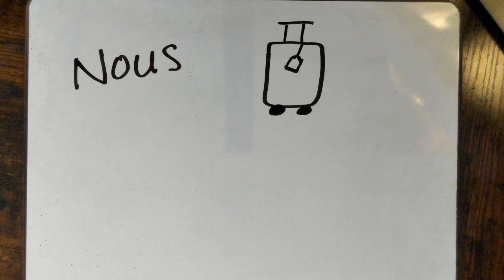Okay, here's the last one. If you can't tell what that's a picture of, it's supposed to be a suitcase. And I erased it about three times and redrew it, so I hope that you can recognize it. So what would you do with a suitcase? Probably you would travel with a suitcase. So you're going to write the sentence, we travel.